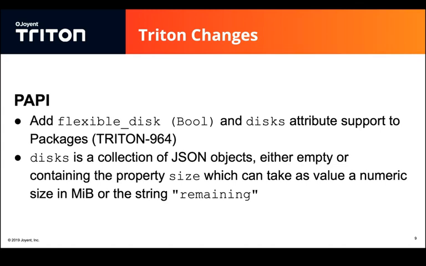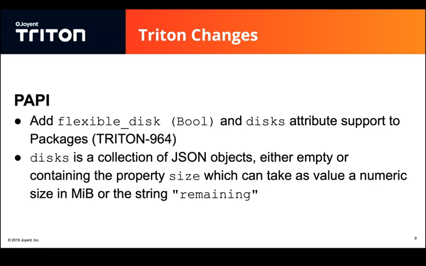So if you have, for example, a package with 3 disks, and you set the first one to the empty value, the second one set, for example, to 512 megabytes, and you left the third one set to remaining, the third disk will grow to take all the space available for the machine.